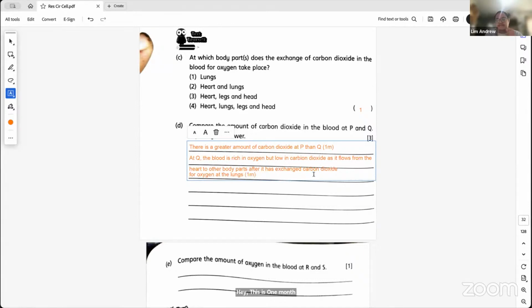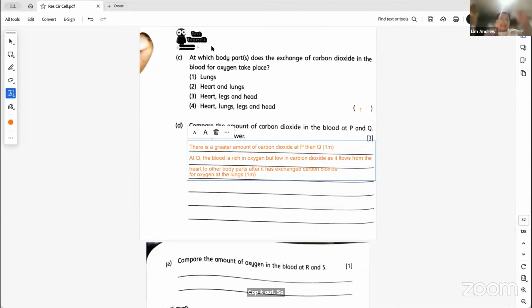First, you answer the question. You tell the examiner there is a greater amount of carbon dioxide at P than Q, 1 mark. You explain why: because at Q, the blood is rich in oxygen but low in carbon dioxide as it flows from the heart to all parts of the body after it exchanges carbon dioxide for oxygen at the lungs.